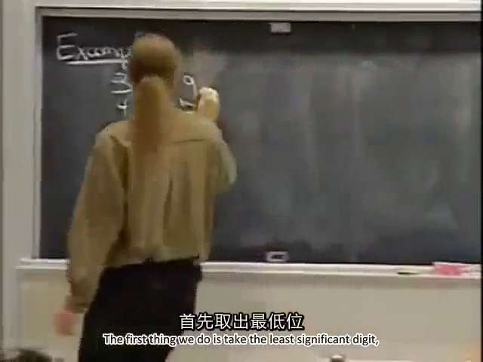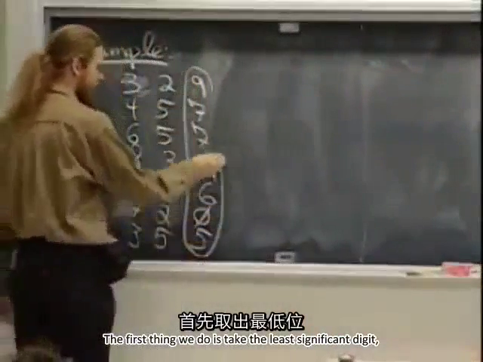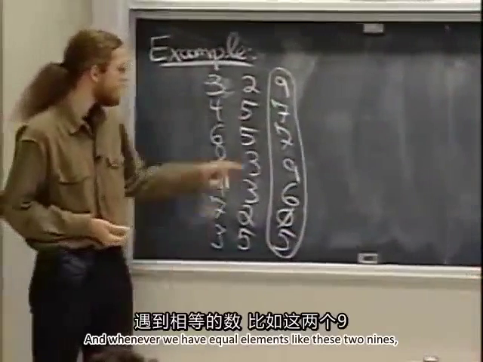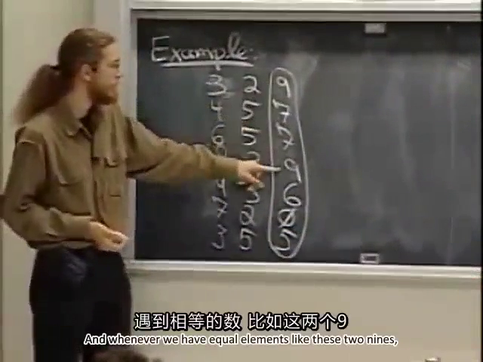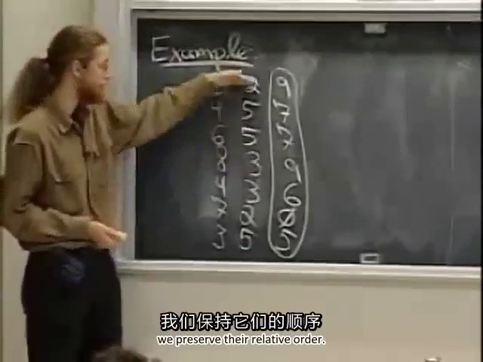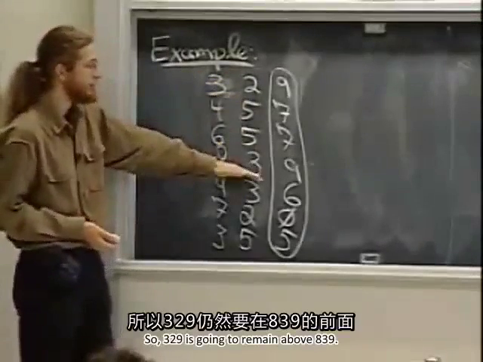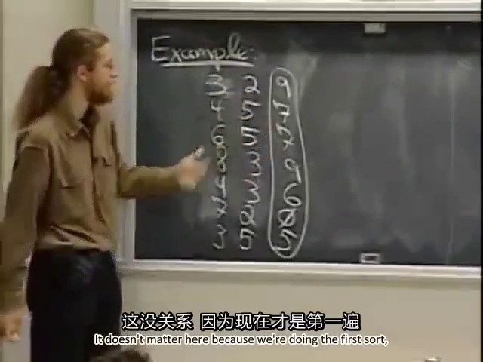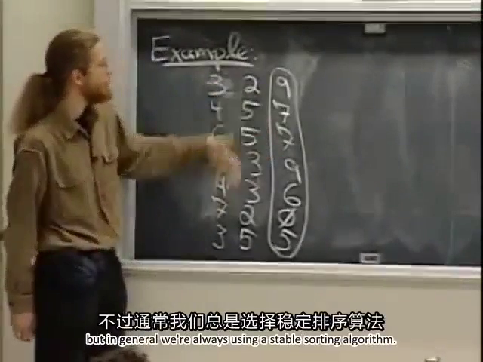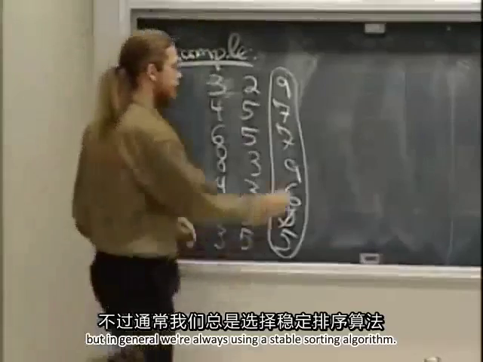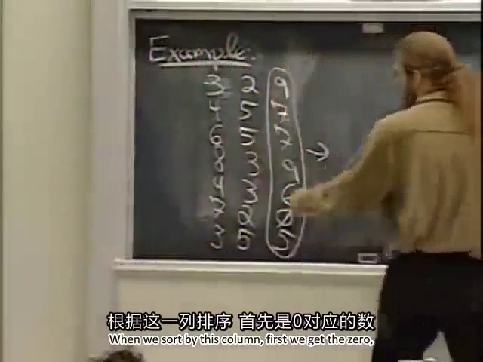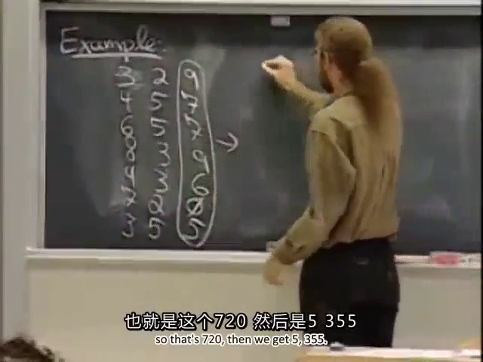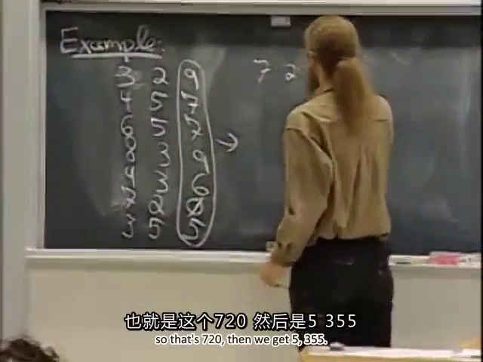So the first thing we do is take the least significant digit, sort by the least significant digit, and whenever we have equal elements like these two 9s, we preserve their relative order. So 329 is going to remain above 839. Doesn't matter here because we're doing the first sort, but in general, we're always using a stable sorting algorithm. So when we sort by this column, first we get the 0, so that's 720.